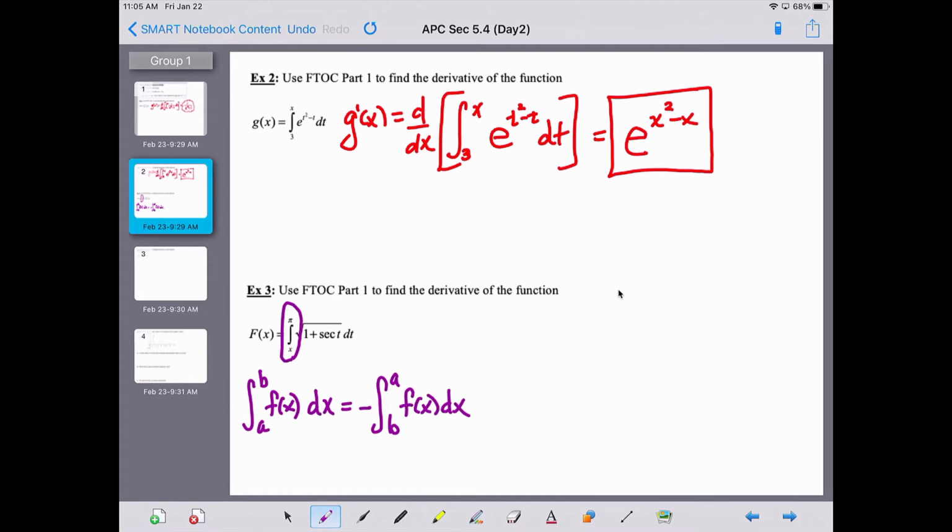So basically that just tells us that we are going to get the opposite of the integral, or the function that we are integrating.